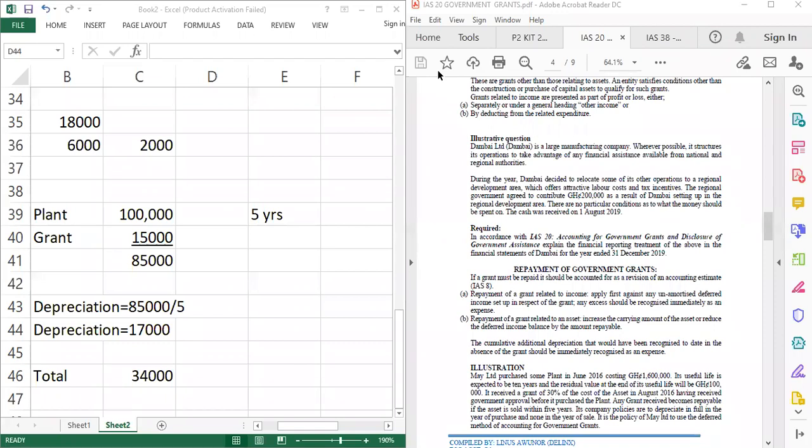So if you default the terms and conditions attached to the grant, they can take the grant back. You have deceived them that you have employed 2,000 employees. So they are giving you the grant and they have done an audit. You are able to employ only 1,800 employees. It means that you have deceived them. So you are not qualified for the grant. So you have to pay the grant back. Are we okay?